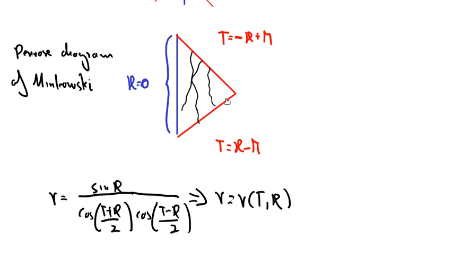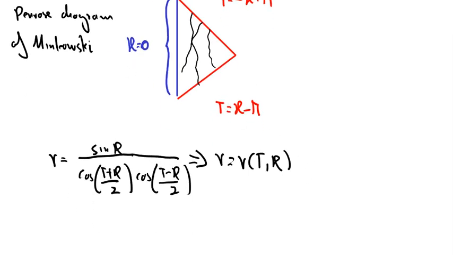Let me show you the computation, because we know the explicit values of t, so we can just compute now the limit. We can also compute the limit.